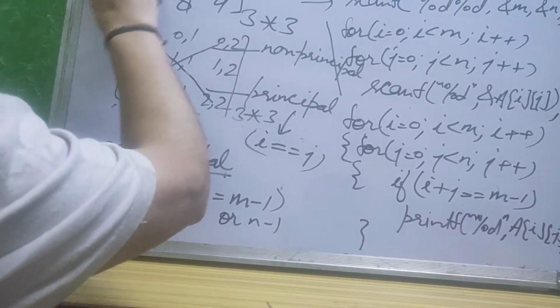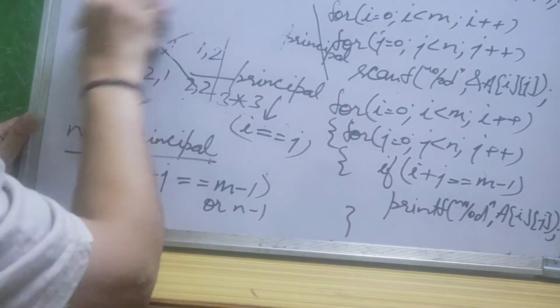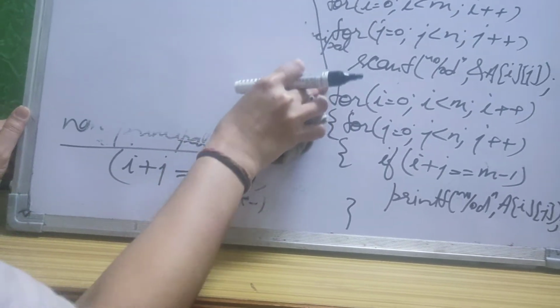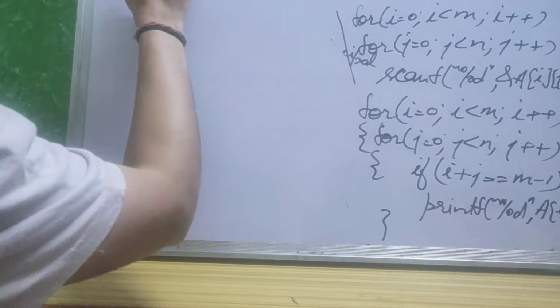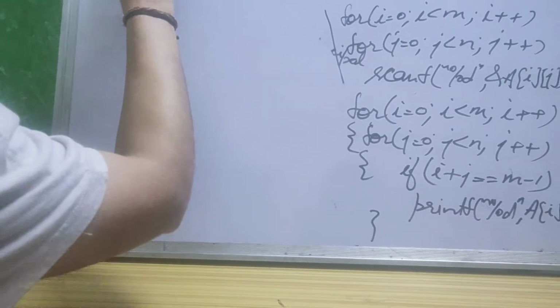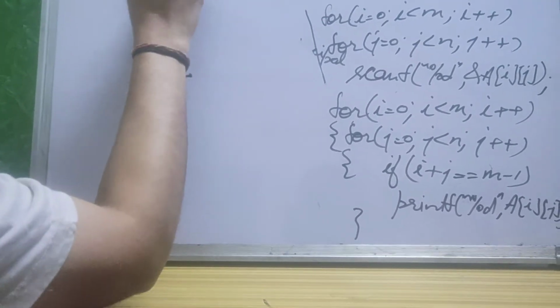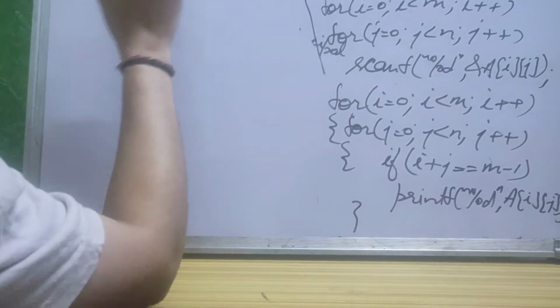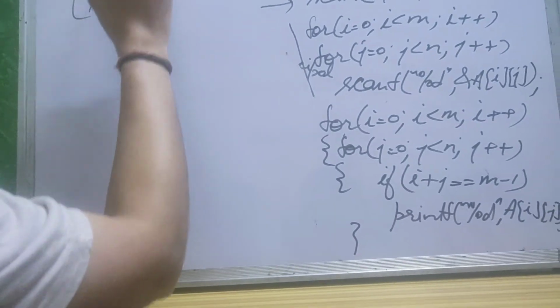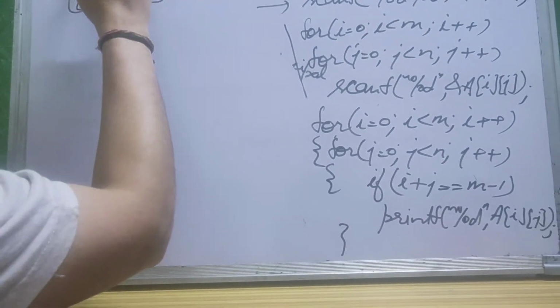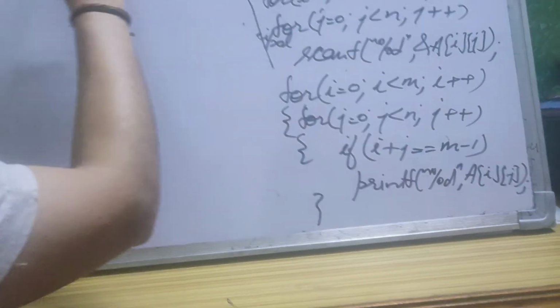Next, if the matrix is this, 1 2 3 4 5 6 7 8 9, we want to print its lower left triangle and upper right.